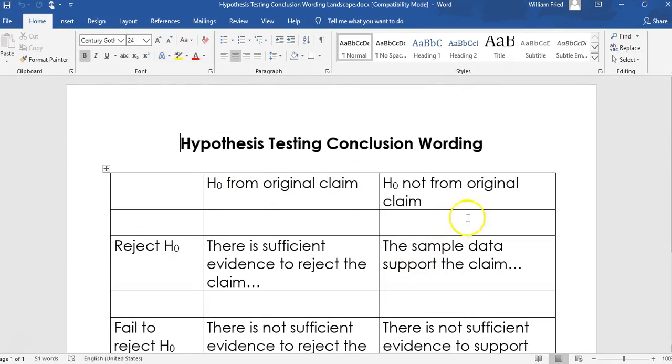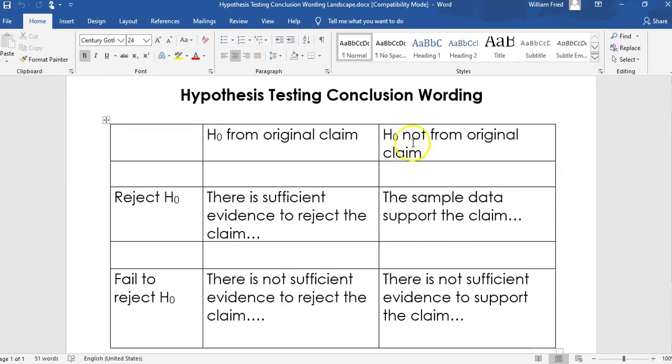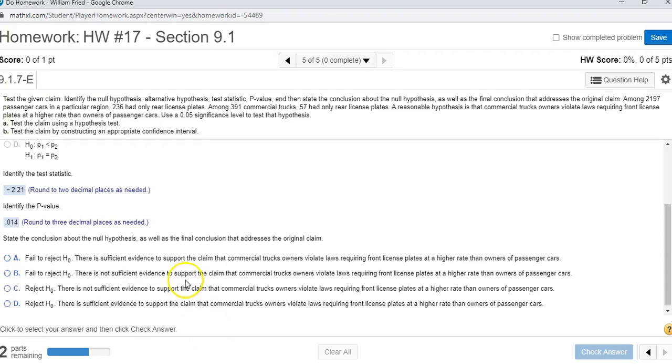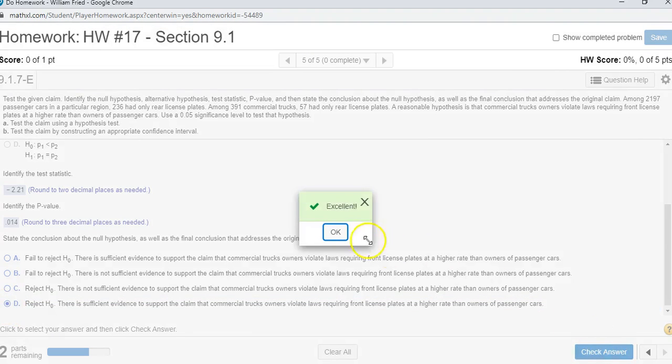The conclusion here is: the sample data support the claim. We rejected H null. There's sufficient evidence to support the claim, so that's D. We rejected H null because P was less than alpha. Excellent.